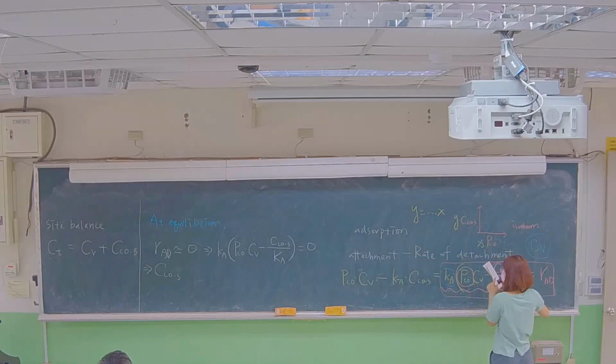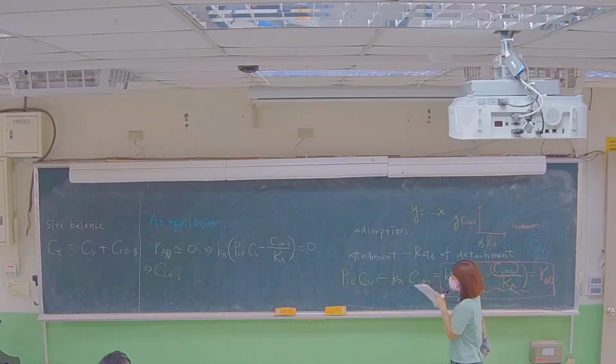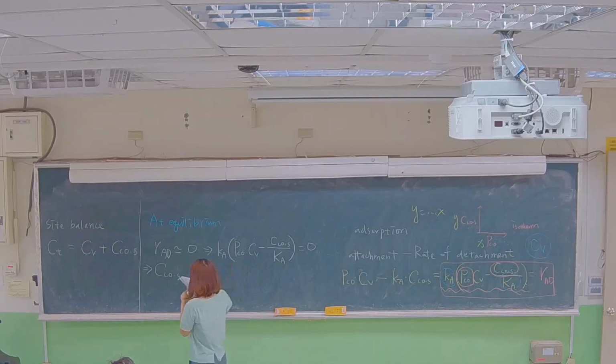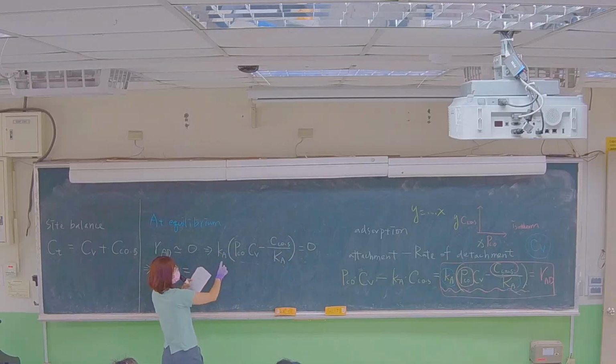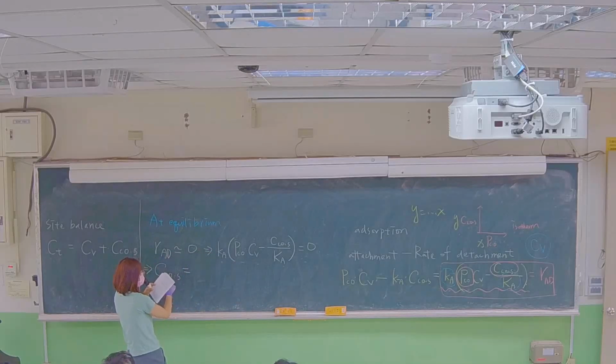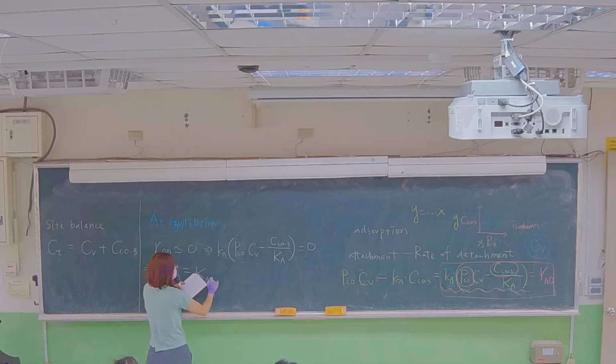That is the purpose; you have to know the purpose, don't just memorize. If this one equals 0, and the constant is not 0, then CCOS is given by this expression.